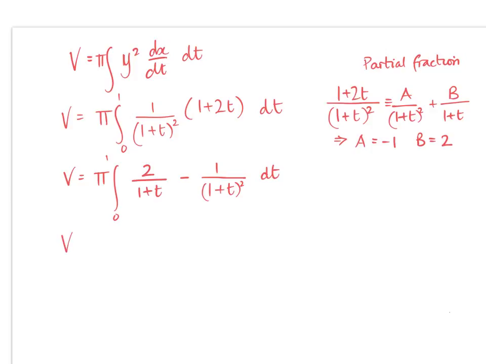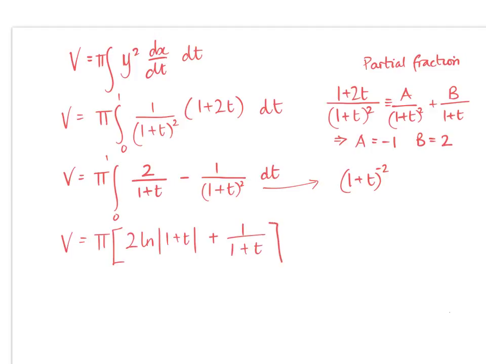Right, when we integrate that then, we get pi, and we get 2 ln (1 plus t). Take that to be (1 plus t) to the minus 2 and add 1 to the index, divide through by the new index. So that's actually going to give me minus minus, so that gives me a plus 1 over (1 plus t), and that's in between 0 and 1.